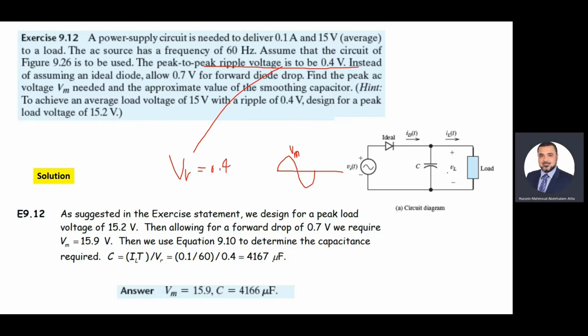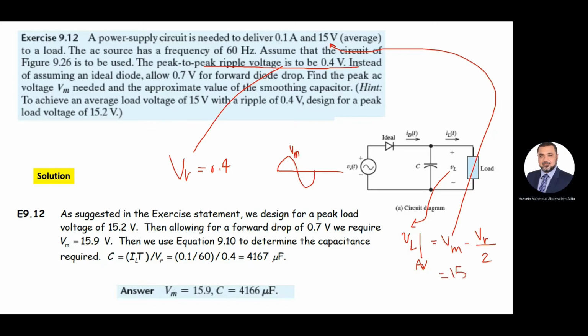This means VL average used to be V maximum minus V ripple over 2. We have this equation before, right? V maximum here is given as 15. It's not 15, it should be 15.7 because the diode has 0.7 voltage.